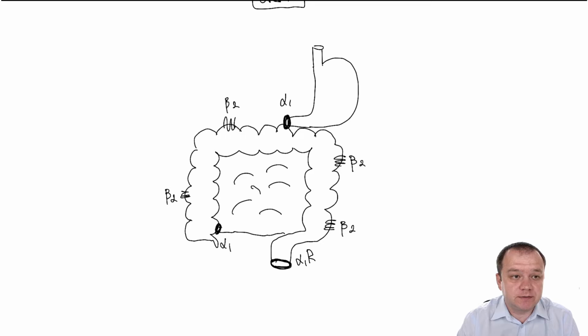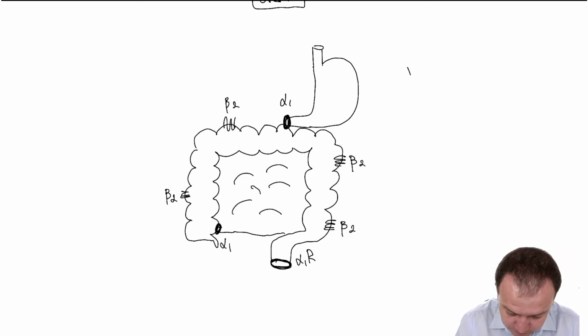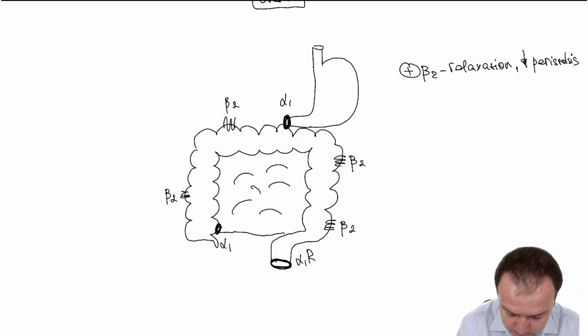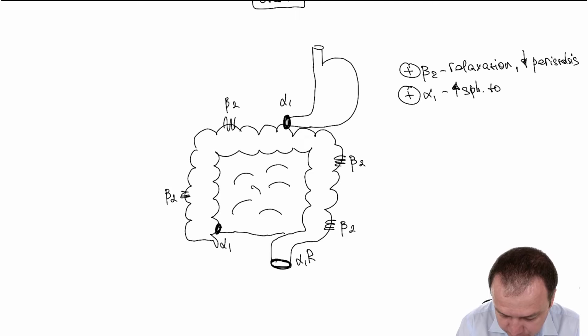Stimulation of beta 2 adrenergic receptors causes relaxation and decreasing peristalsis. And stimulation of alpha-1 adrenergic receptors causes contraction and increases sphincter tone.